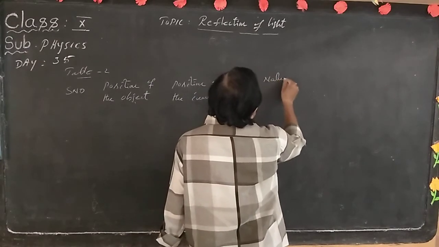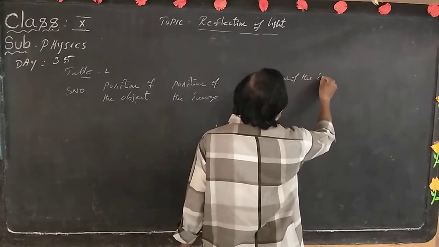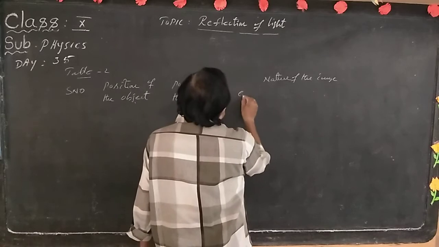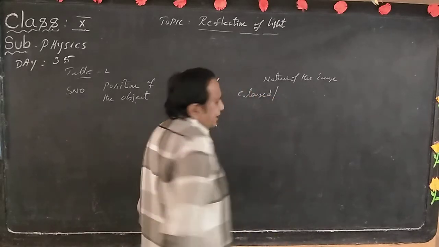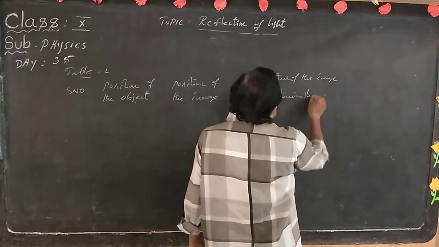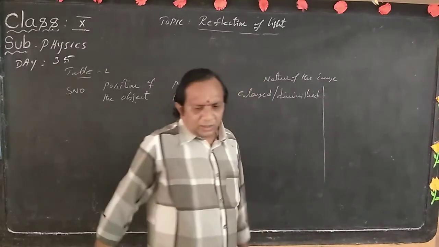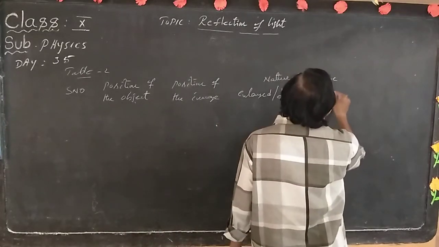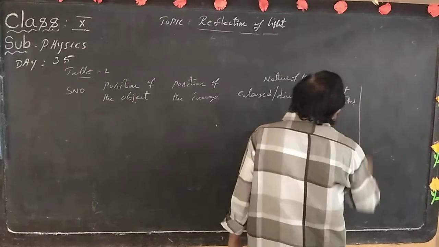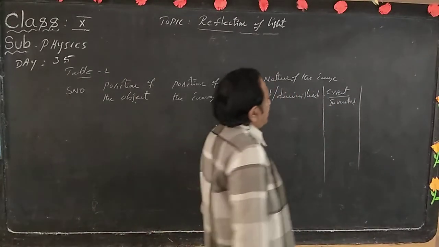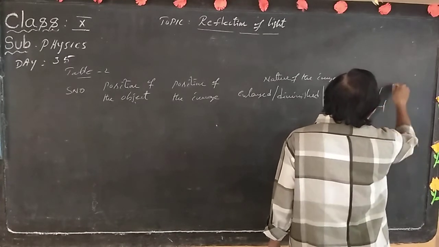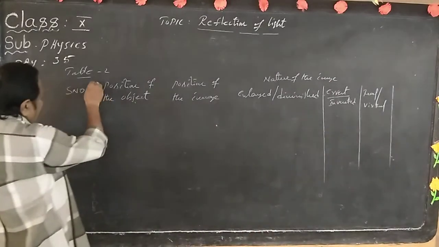In the nature you have to consider enlarged or diminished, whether an enlarged or diminished image is formed, erect or inverted, and real or virtual. So these conditions are observed by placing the object at different positions.